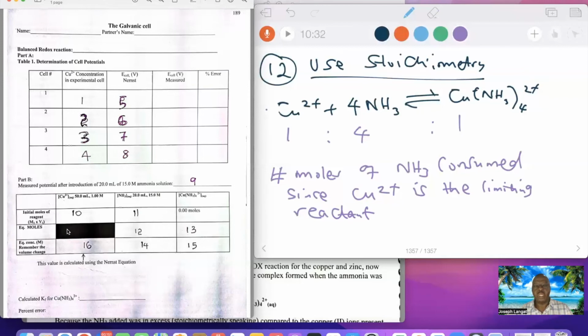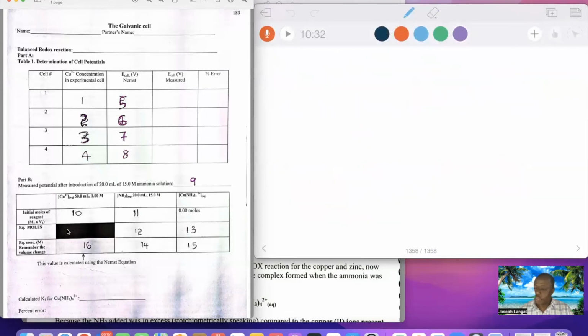So we need to determine how many moles of ammonia, from the total from line 11, are consumed, so that we know how much is left. So it's going to be line 10 times 4 moles of NH3 over 1 mole of copper 2 plus.